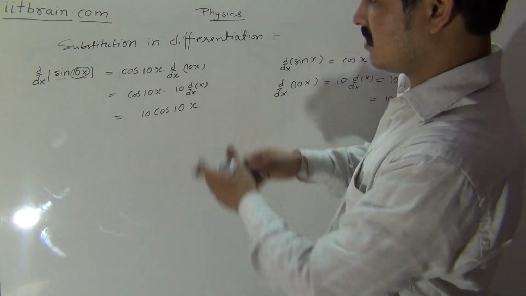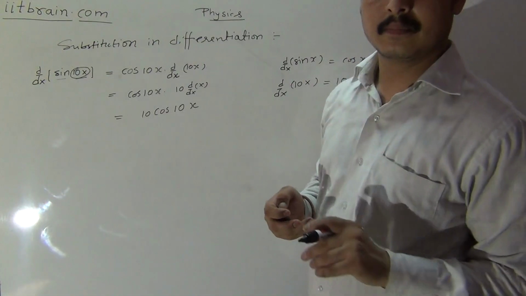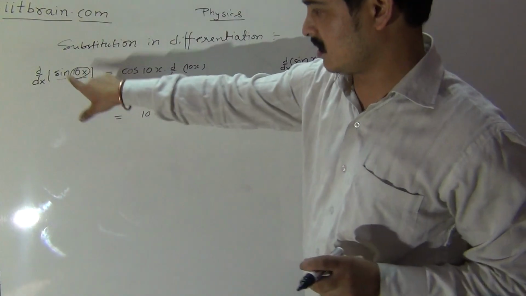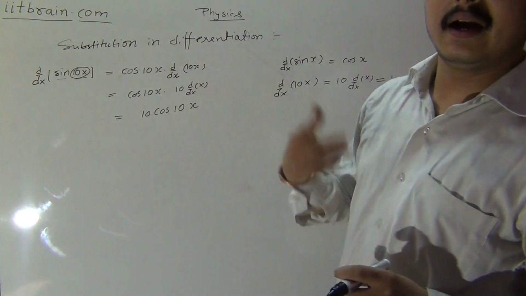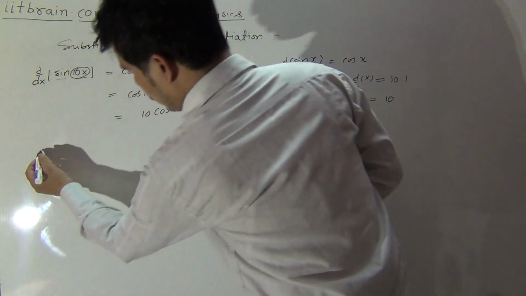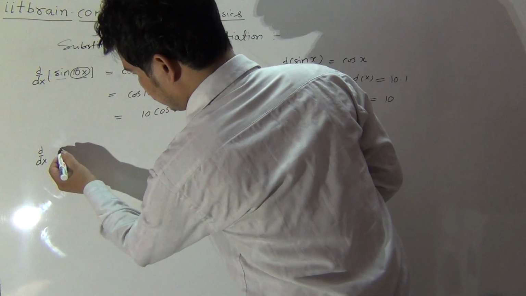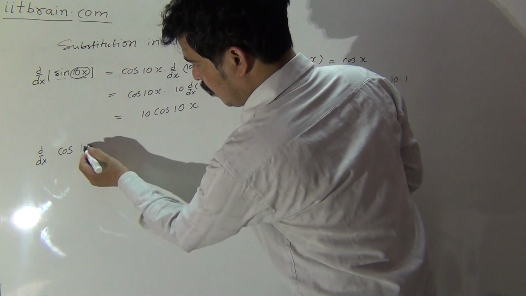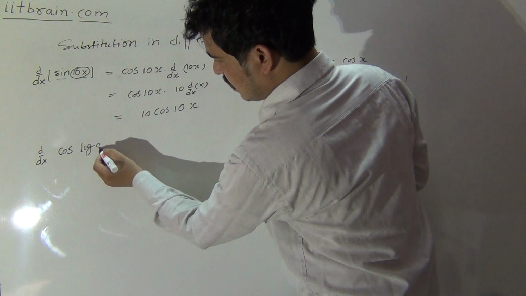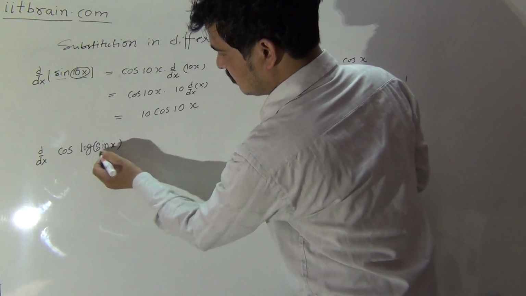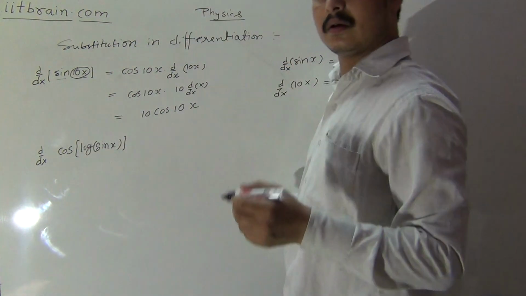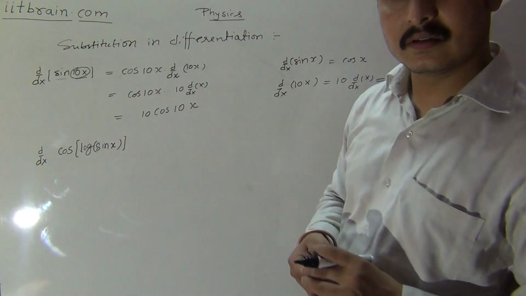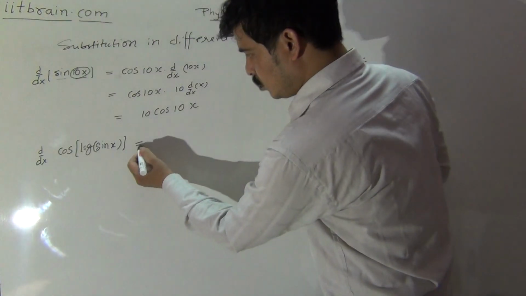It means if a function is included in another function, then you have to differentiate first the main function. After that, the included function will be differentiated again and again. You can also use this for a double composition of functions, such as if the problem is d upon dx of cos log sine x, then first use the formula of cos x.